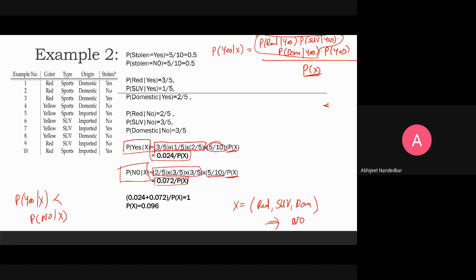Okay. If you want the exact probabilities now, then we need to calculate probability of X. So what I do, I just add these two probabilities. So I just say these two probabilities sum to 1 and substitute their values. Say this and this. Sum is equal to 1. Then I calculate P of X directly, that is 0.096.